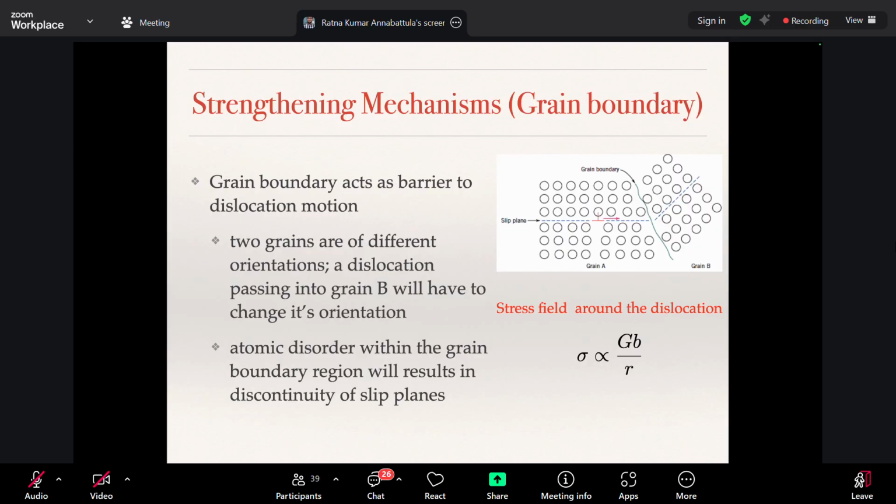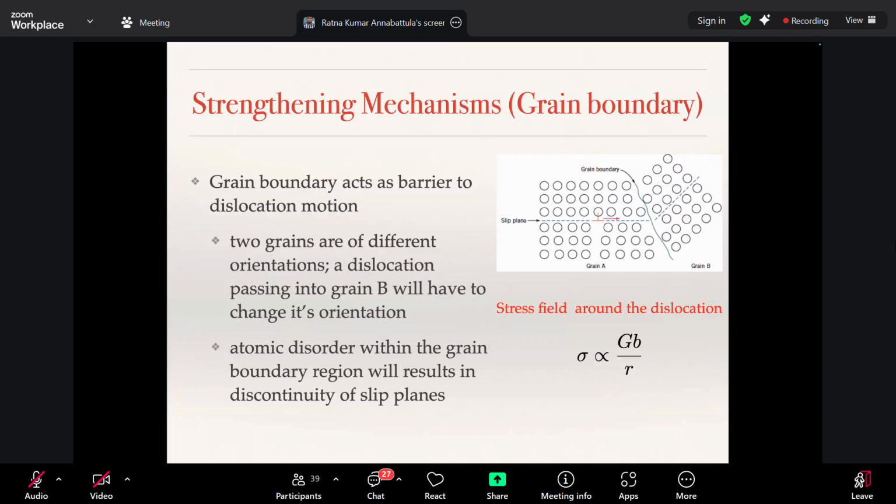One is the point defect, and the second kind is what we call line defect or dislocation. These line defects are most prominent because they explain one of the popular plastic deformation mechanisms called slip, which is basically the dislocation motion through the crystal.